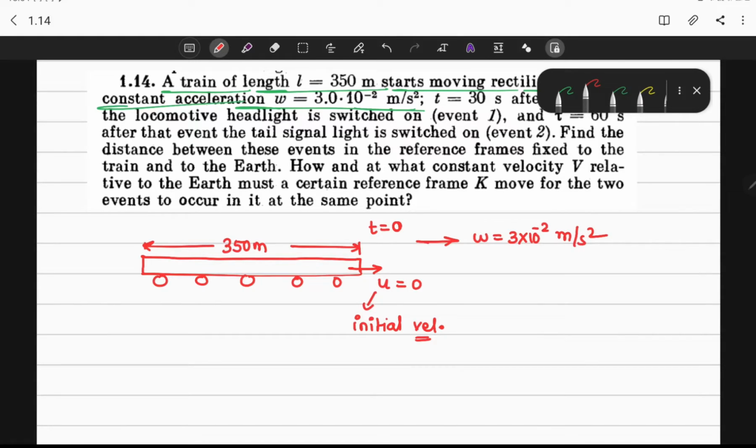Let us say this is the configuration at t equal to 0, where the position of the tail side is x equal to 0, and the front side is x equal to 350 meter.